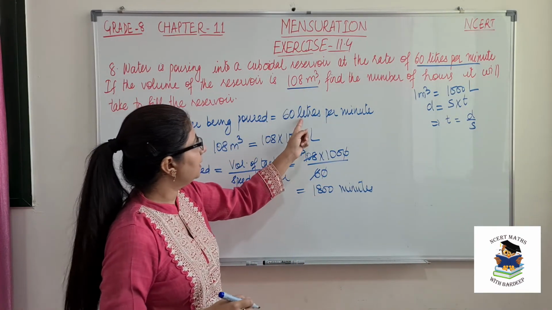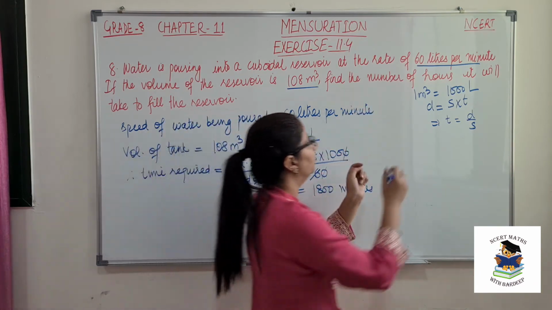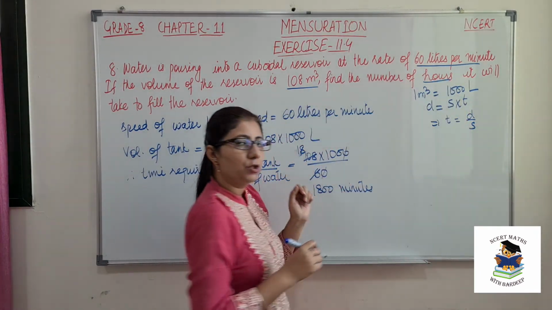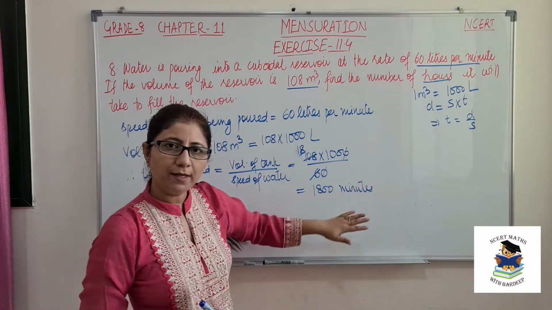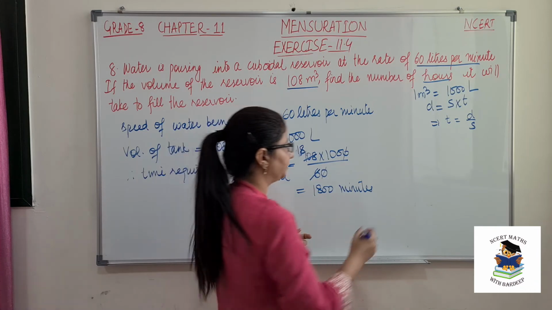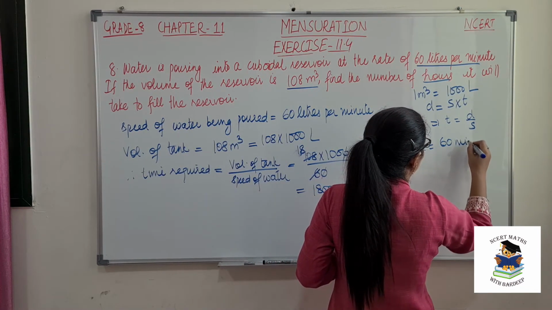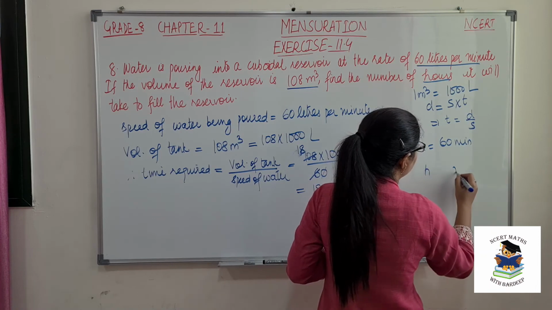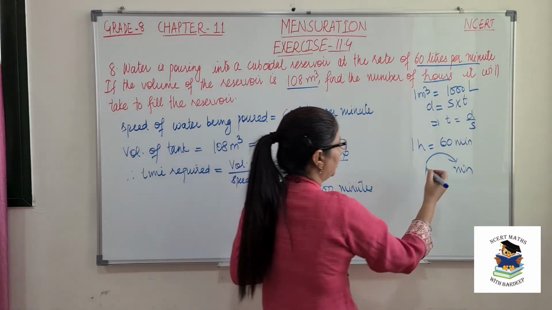Because speed is liters per minute. So here it is minutes, but they have asked number of hours. So we will convert this into hours. How to convert minutes to hours? Divide by 60. 1 hour is equal to 60 minutes. Or if it is hour and minute relation, how to convert hour into minutes?